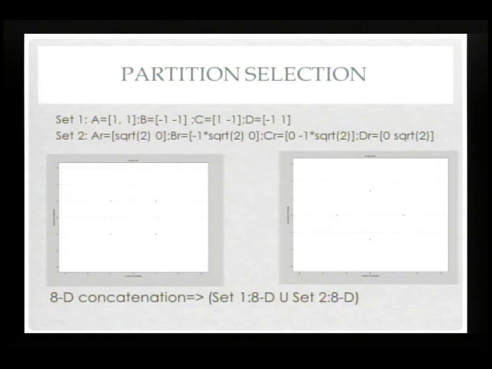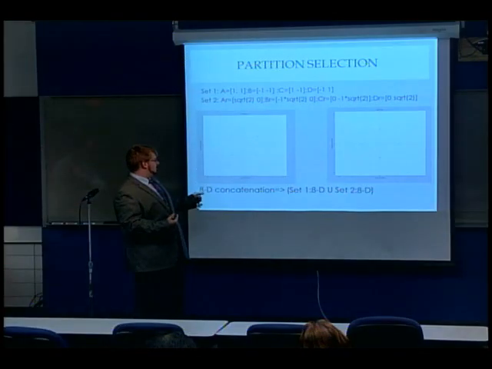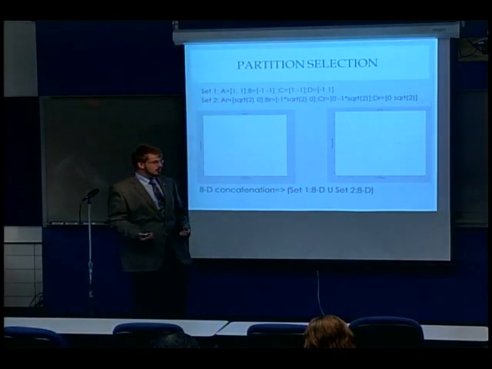The idea is then we take both of these 8-dimensional spaces and union them, and from that we create our partitions. So the first partition would be the first 128 of the 8-dimensional set of the first one, and so on and so forth.